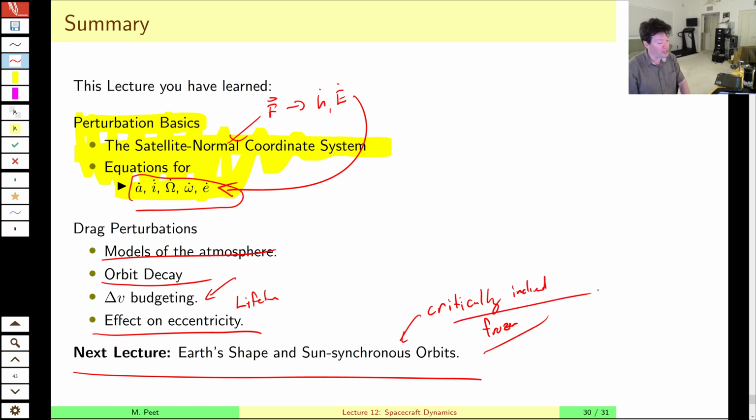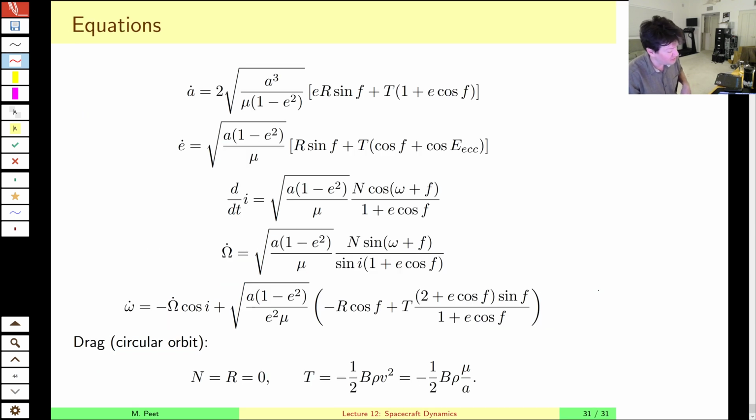Very particular ones which actually have significant usage. And finally, these formulas for taking the effect of these forces and translating them into changes in the orbital elements.